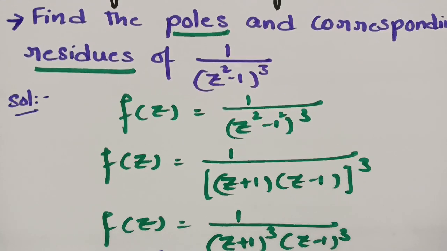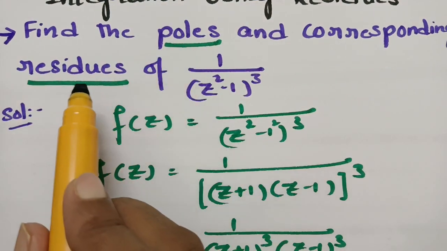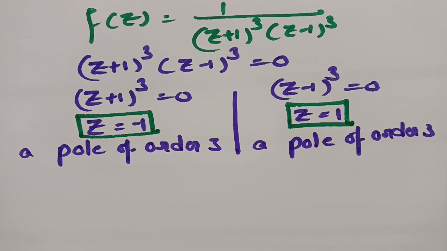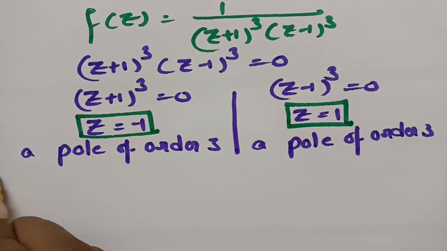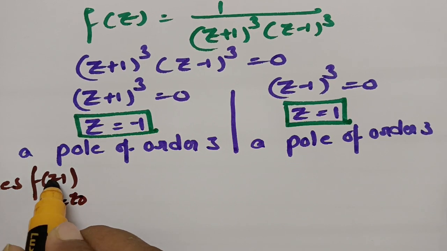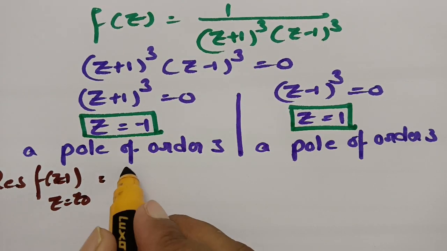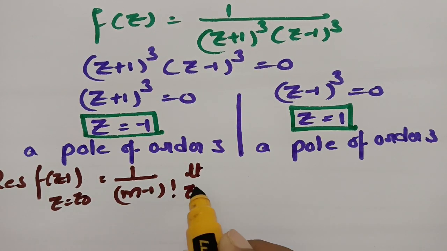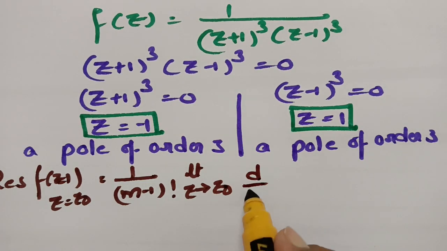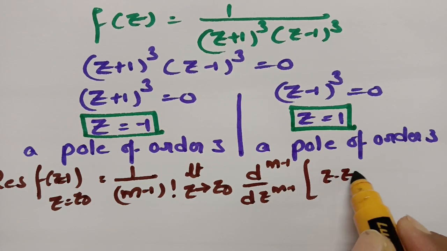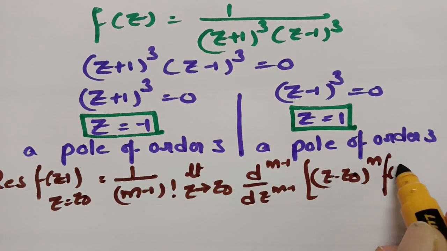Now what do we have to find? After finding the poles for the given function, we have to find the residues for the corresponding pole values. For finding the residue value, here is the formula: residue of f of z at point z equal to z naught is equal to 1 by (m minus 1) factorial into limit z tends to z naught of d by dz power m minus 1 of (z minus z naught) power m into f of z.